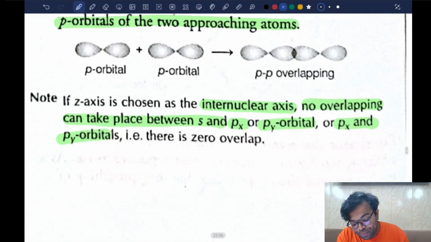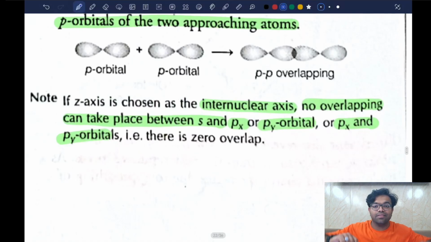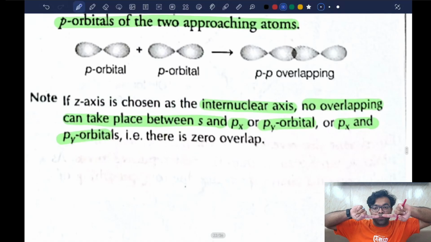Again, if the z axis is chosen as the internuclear axis, that is, if the z orbital is participating in the bonding between the two atoms, then the px and the py cannot participate, they cannot overlap because they are far apart. Look at this, they're far apart.